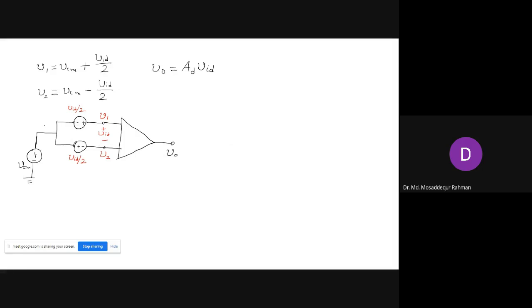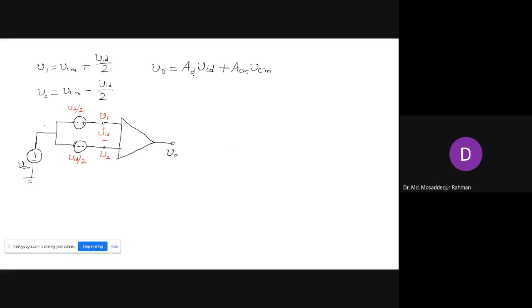But now we recognize that along with this differential input voltage, we also have the common mode input voltage, and that also will have some contribution to the output voltage, and that we can write as plus the common mode gain that we have already defined times the common mode voltage.